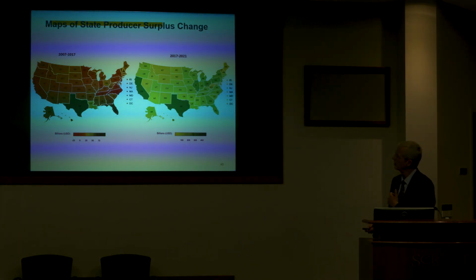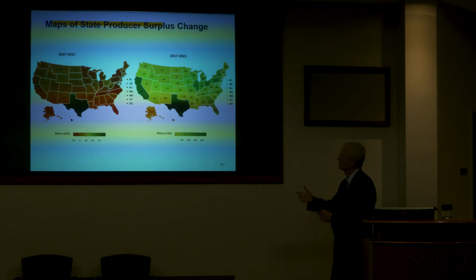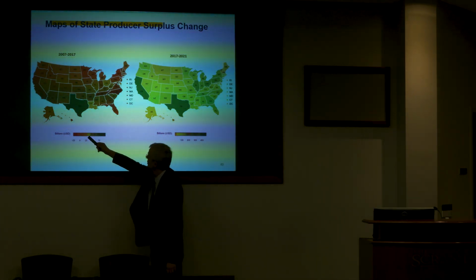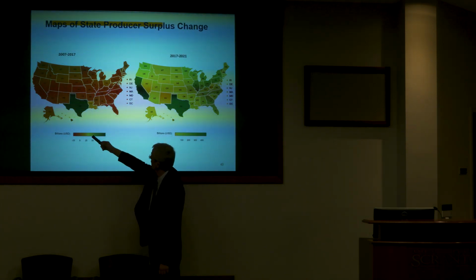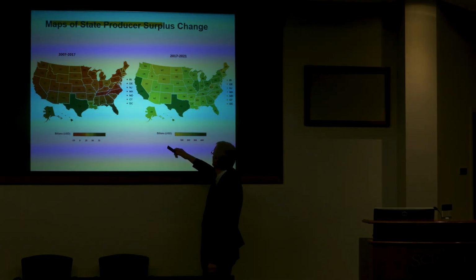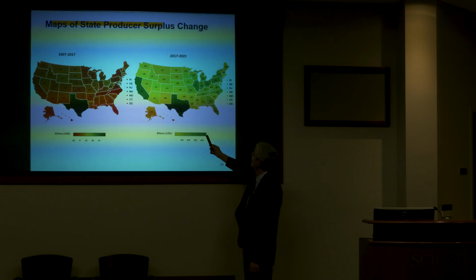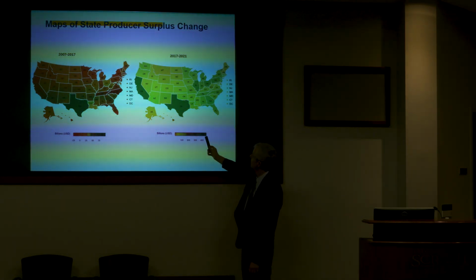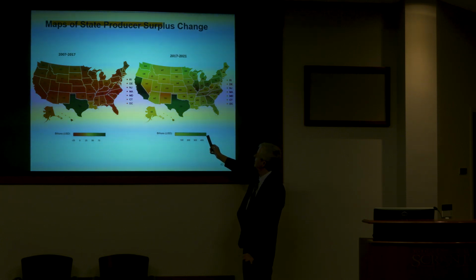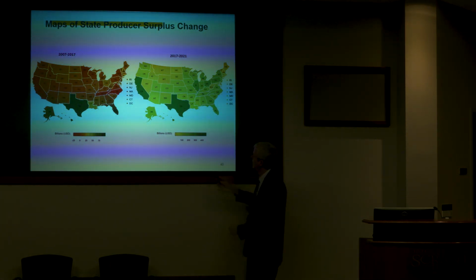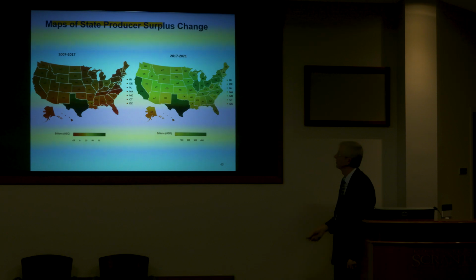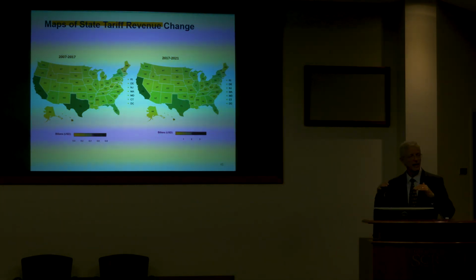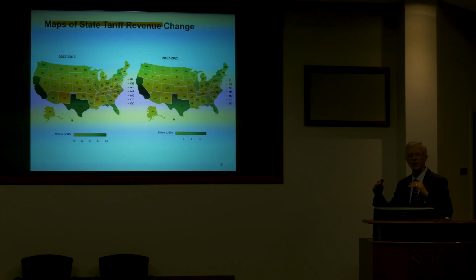Here's producer surplus. So tariffs are going down in the first period. So you do have some states losing there, with tariffs going down. Here tariffs are going up, so producers are better off. Again, the big states show up the most, but just because they're big. Then we have tariff revenue, and that I just give on a per capita basis, meaning big states get more.